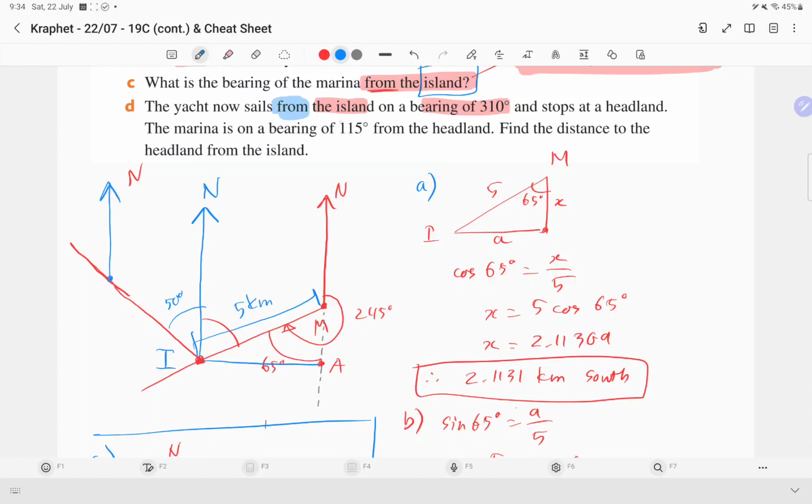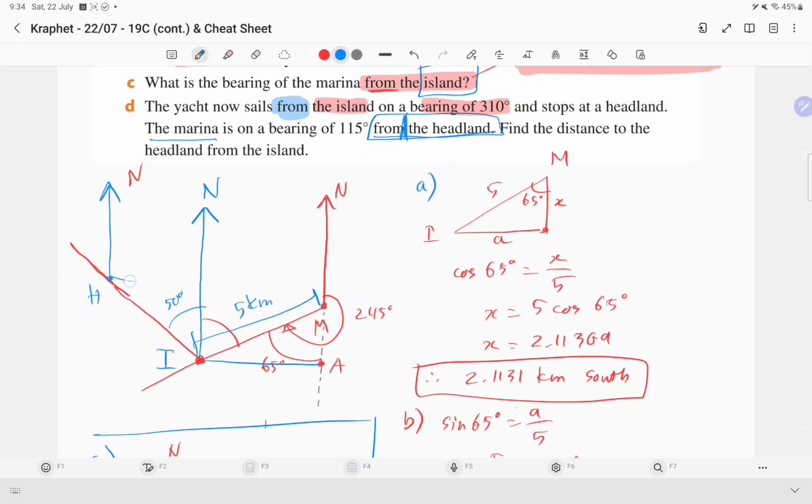Because the marina is on the bearing 115 from the headland, okay? Again, from the headland, H. Wherever the H is, the bearing will be from there, all right? And that's why we need to make sure that you can test it so that the angle, you would put like 115 and get the headland where the bearing is 115. So that is roughly 115, right?